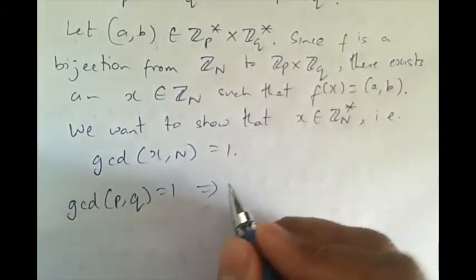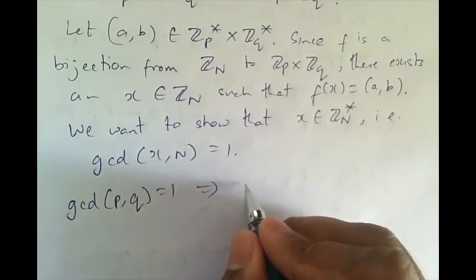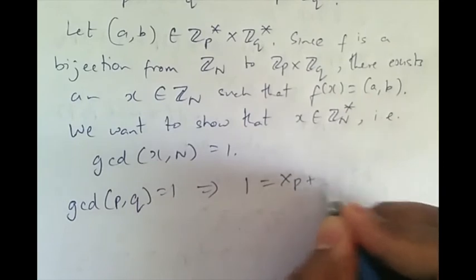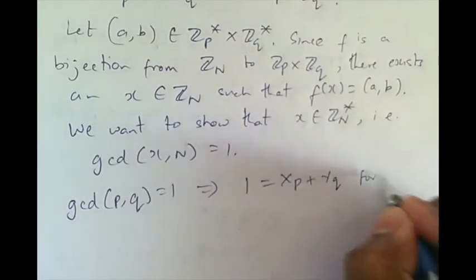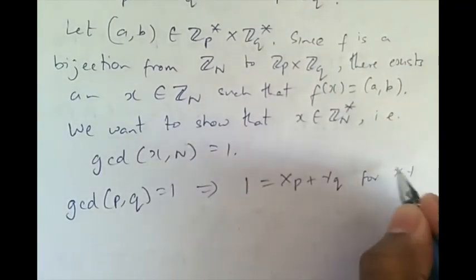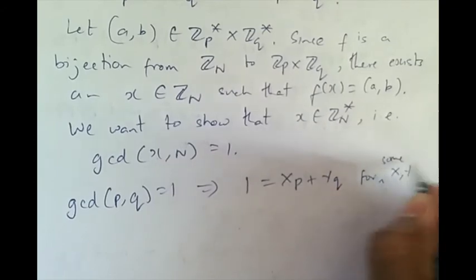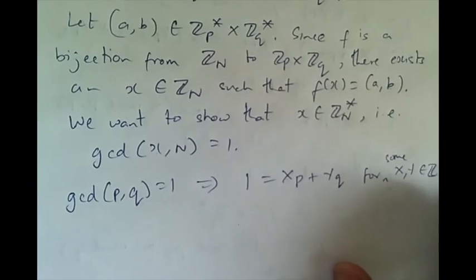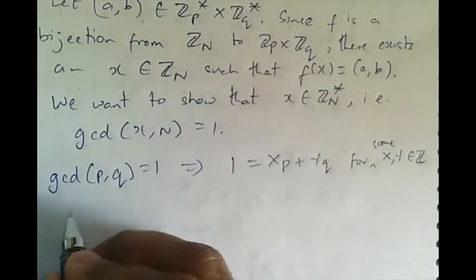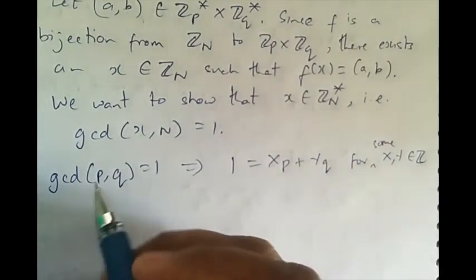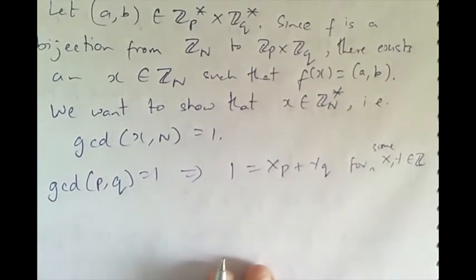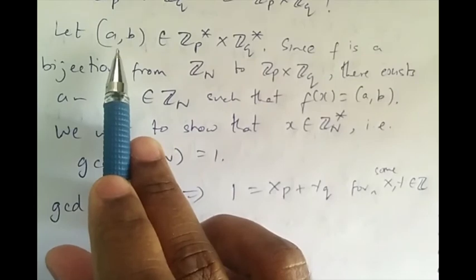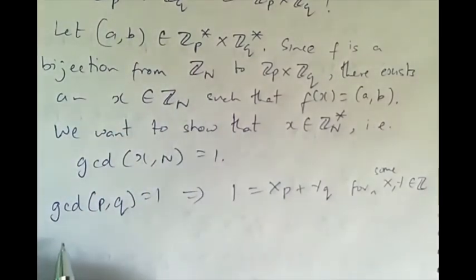So this implies 1 can be written as some capital X times p plus capital Y times q for some integers X and Y. We also know that AB belongs to Zp star cross Zq star. We know this, which means the GCD of a and p is 1.